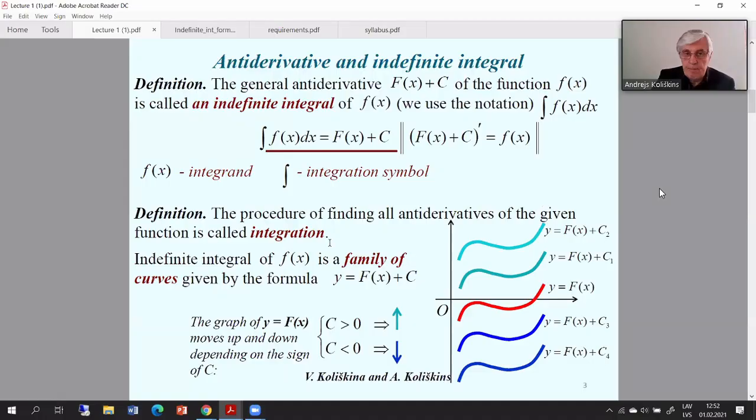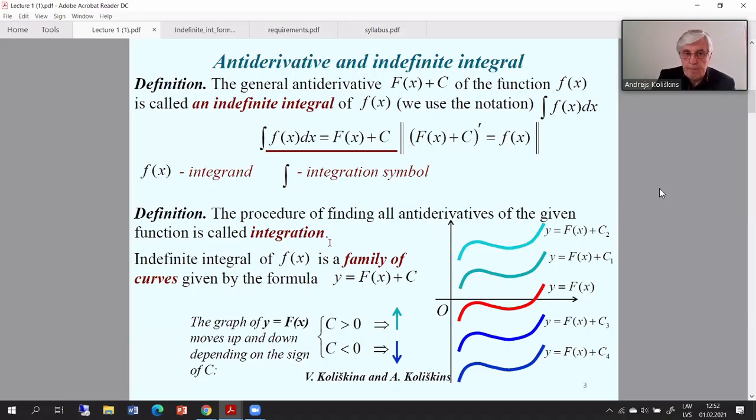Okay? So like in our previous example, if I use the new language, we know the derivative of the function, and then we can say that the integral of the function x squared is this expression in parentheses, right? So this is the terminology.